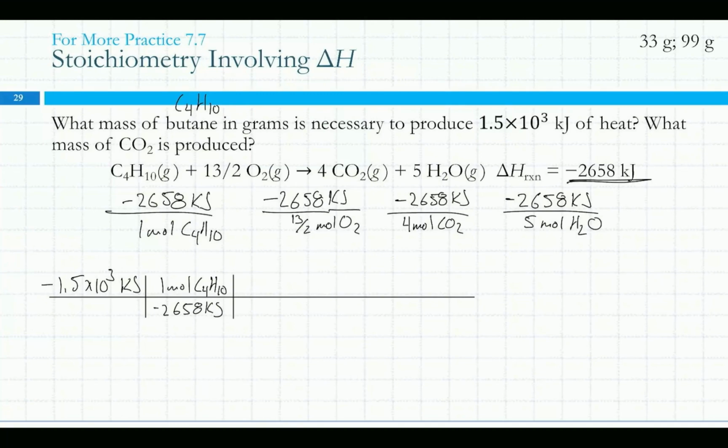Yeah, molar mass of butane. So molar mass 58. Oh, that's right, it doesn't show up there. Okay. So just multiply by the molar mass. So negative 1.5 times 58.14 divided by negative 2,658. 0.0328.